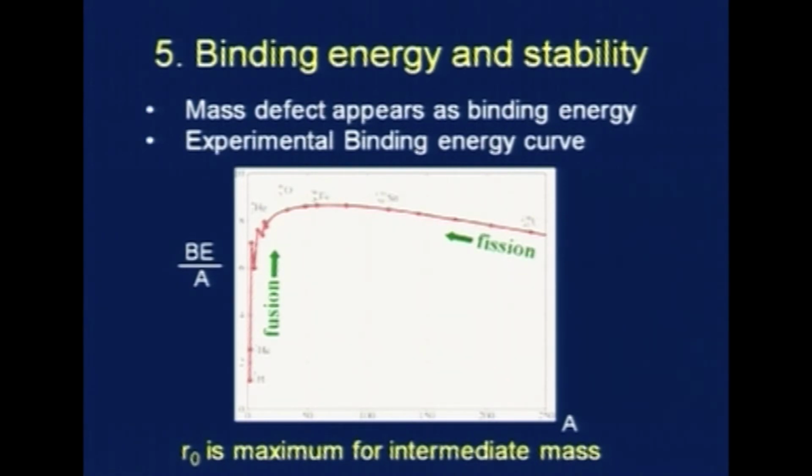What we observe is that very light nuclei have low binding energy per nucleon. Similarly, very heavy nuclei have low binding energy. In the intermediate range we find the binding energy is maximum. So, naturally, if it is a very heavy nucleus, it wants to become more stable.